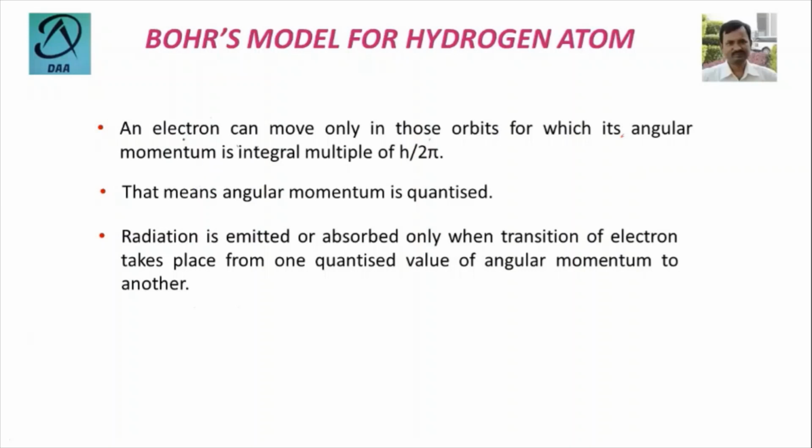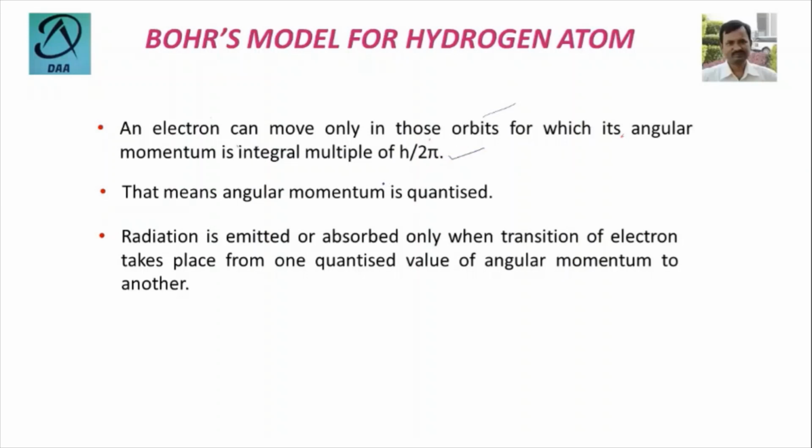It is clearly written there: an electron can move only in those orbits for which its angular momentum is an integral multiple, that is, when n is 1, 2, 3, 4 and so on, of h by 2 pi.